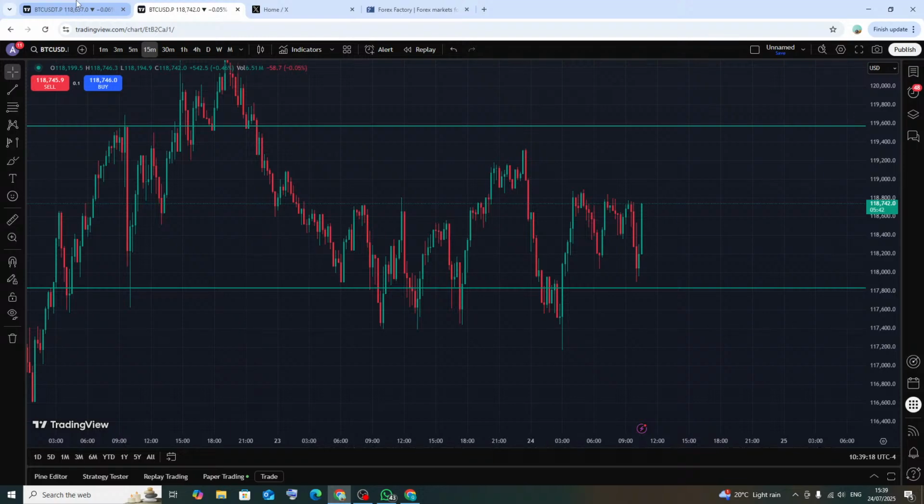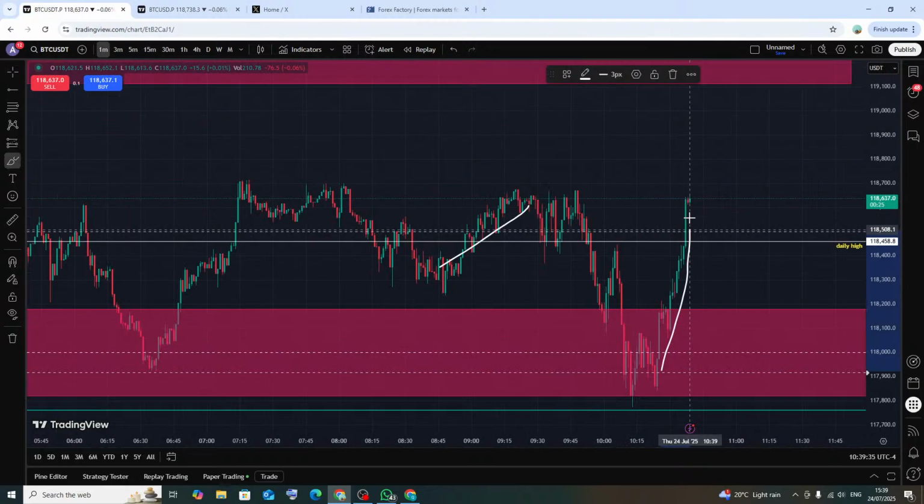Okay, it is going toward the upper side. Let's see if the market keeps this fair value gap open. Look at this, you can see that there is quite some strength on the charts. Look at this move toward the upper side compared to this move, compared to this move. You can see that this move has strength just from the way it has gone toward the upper side.